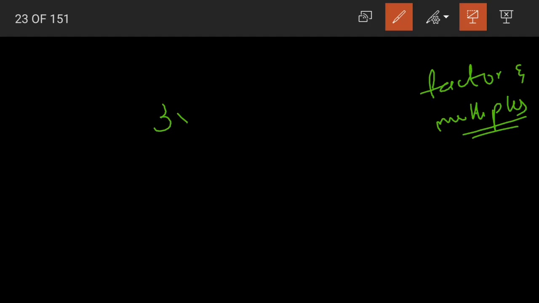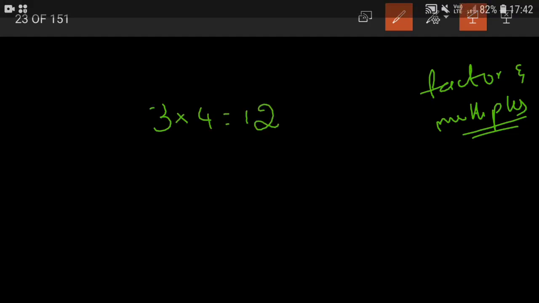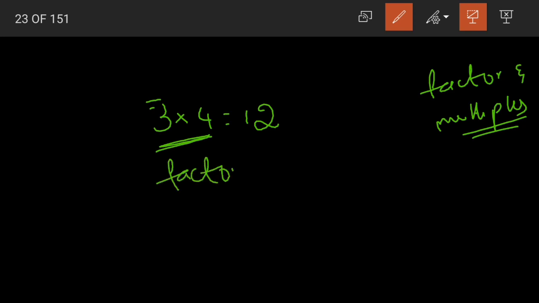Now if you take any multiplication fact, children, what did we learn about today? We learnt about factors and now we are learning about multiples. So if we take any multiplication statement, say 3 4s are 12, the two numbers that we are multiplying, 3 and 4, are called our factors, and the number that we got upon multiplying is called our multiple.